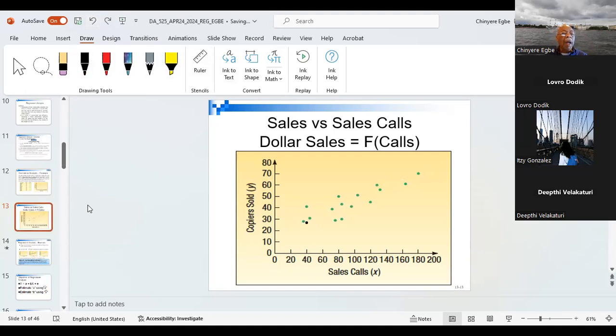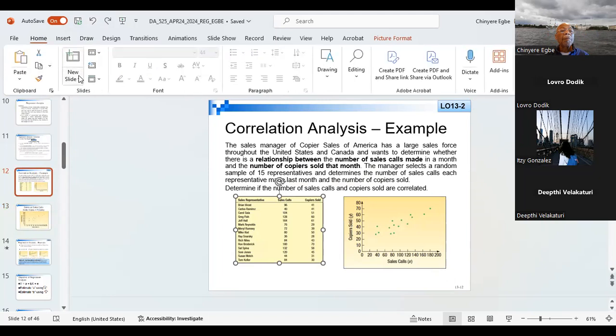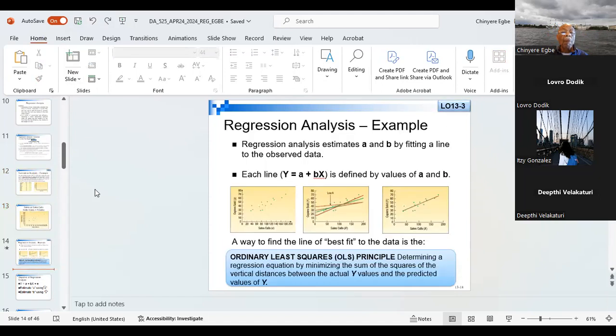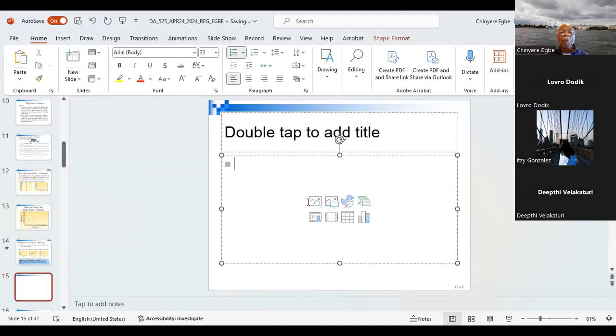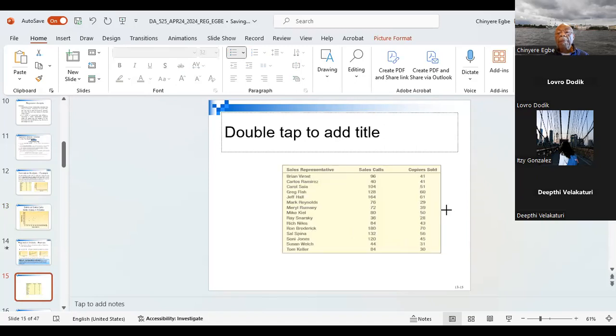All right, so now how do we proceed to do that? I'm going to show you exactly. All right, so this is where the data comes from.